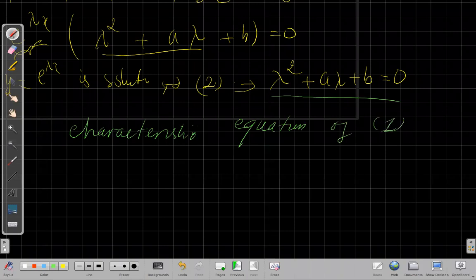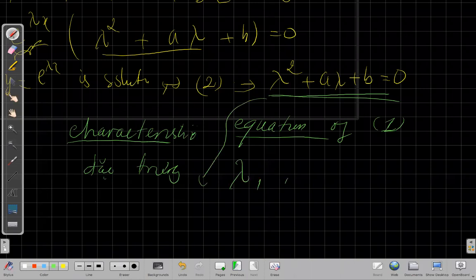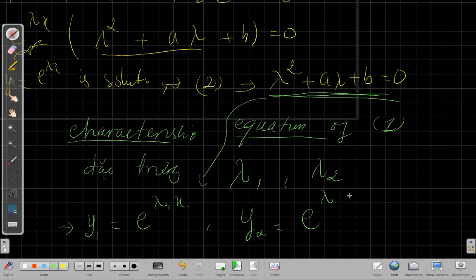If lambda is a root of the characteristic equation, we have lambda 1 and lambda 2 as the roots, so we obtain the basic functions y1 equal to e lambda 1 x and y2 equal to e lambda 2 x.